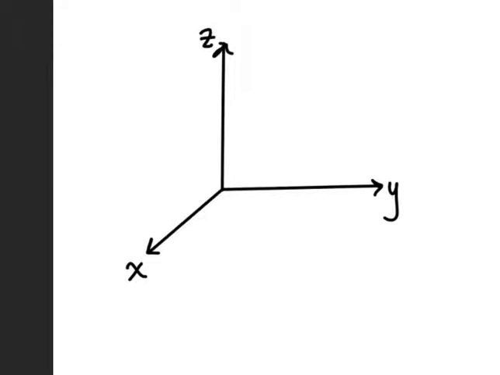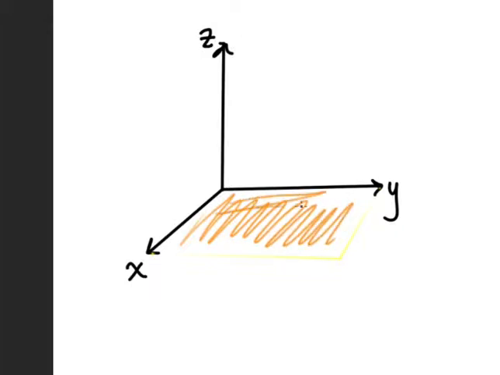So now how do we start describing a point in this system? I think it's important to begin by understanding the planes in the system. So we want to define the planes of the system. This plane here, sort of like the floor of the system, is the xy plane.